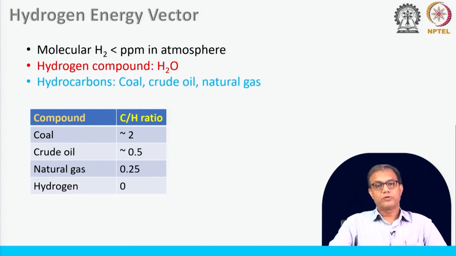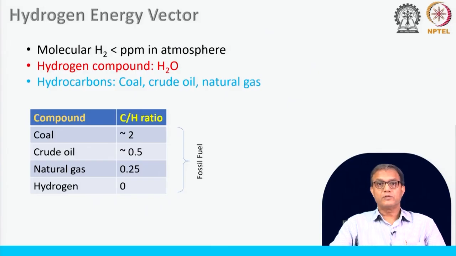When we are trying to generate hydrogen out of these hydrocarbons, there would be cogeneration of CO2. That means the amount of carbon present in these compounds will also matter. So, if there is more carbon present in these compounds, obviously there would be higher CO2 cogeneration.